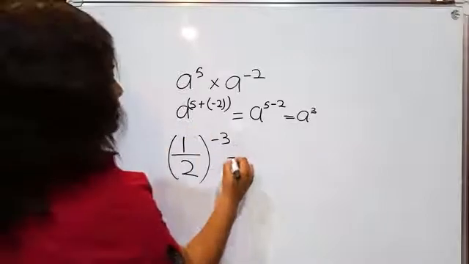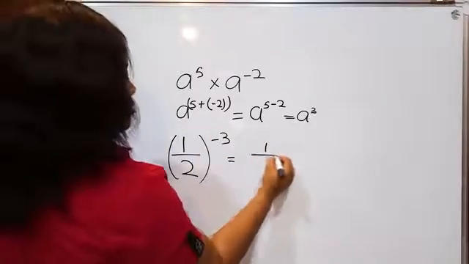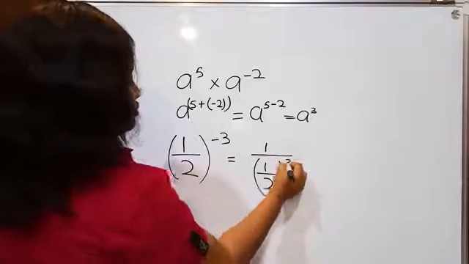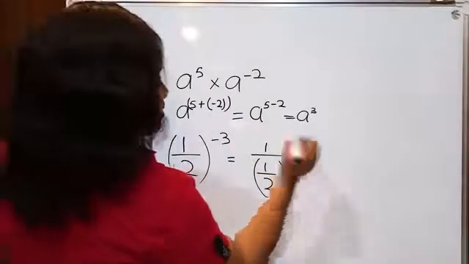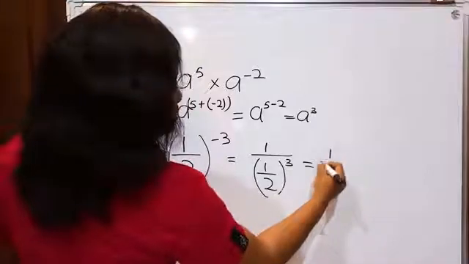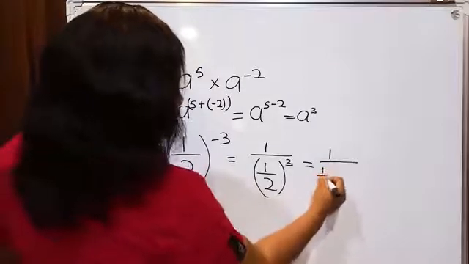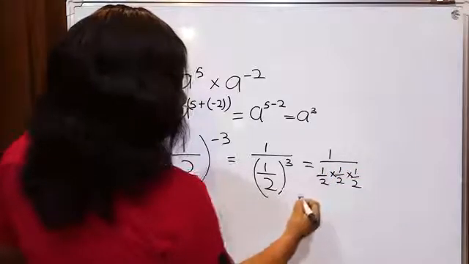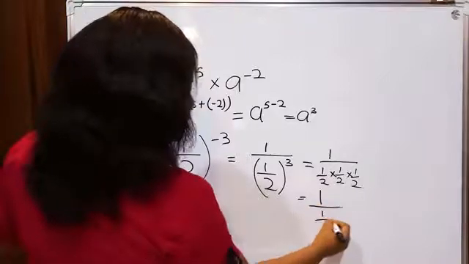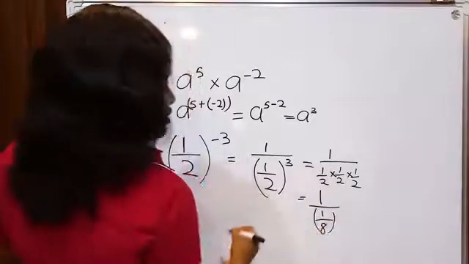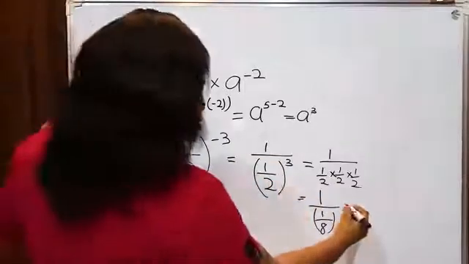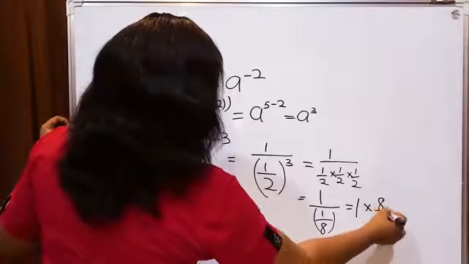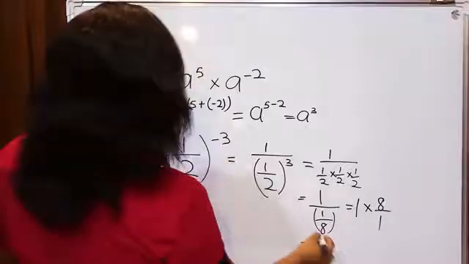This is something like saying 1 over 1 over 2 cubed, which is the same thing as saying 1 over 2 times 1 over 2 times 1 over 2, which gives us 1 over 8. Remember our fractions, same as saying 1 times 8 over 1. So our answer is 8.